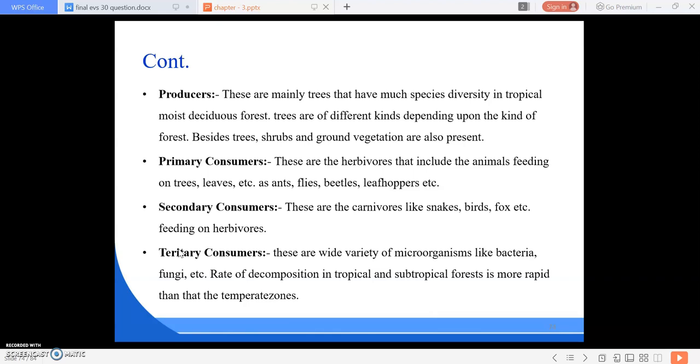These are the carnivores like snakes, birds, fox, etc., which feed on herbivores. Next are the decomposers, a wide variety of microorganisms, bacteria, fungi, etc. The rate of decomposition in tropical and subtropical forest is more rapid than that of temperate zones.